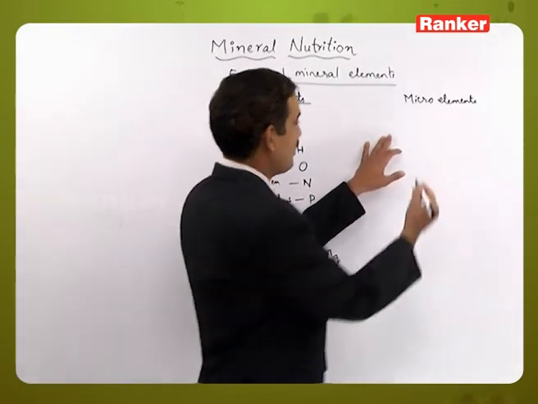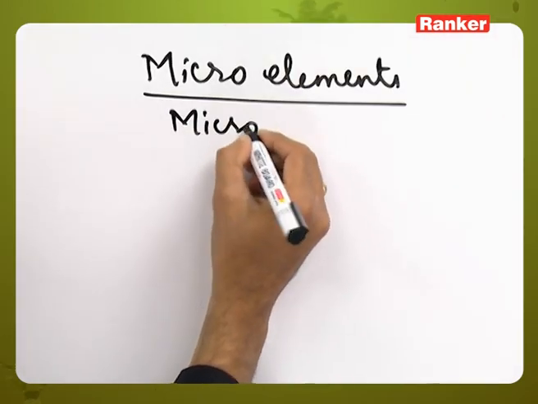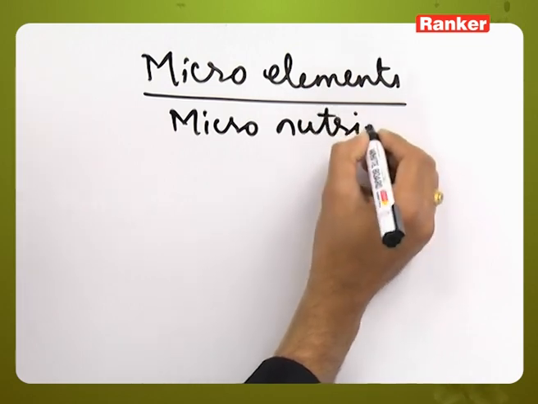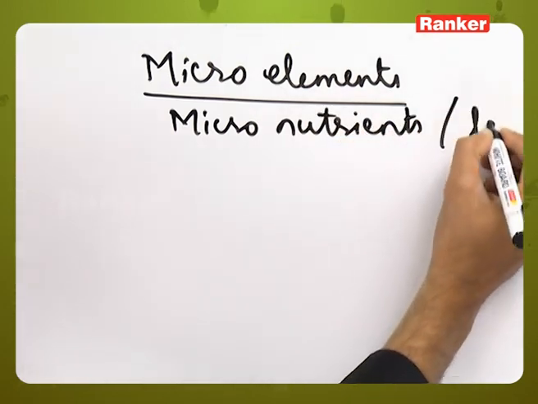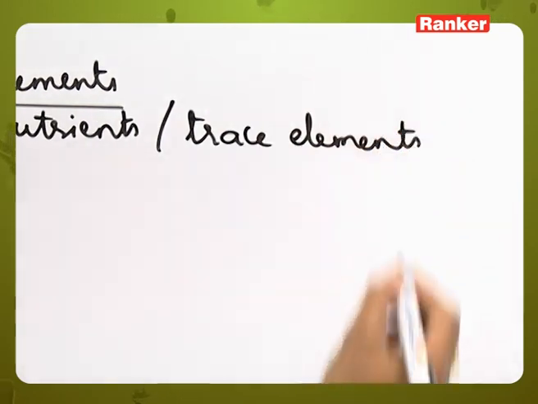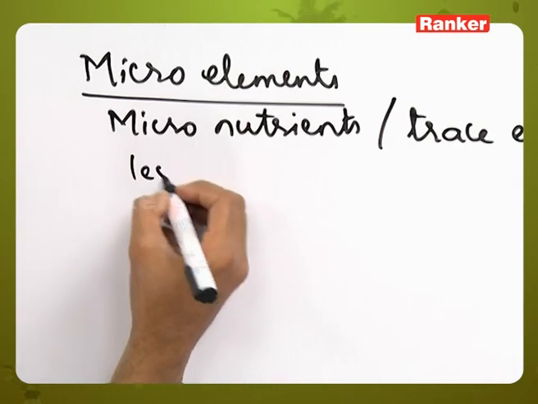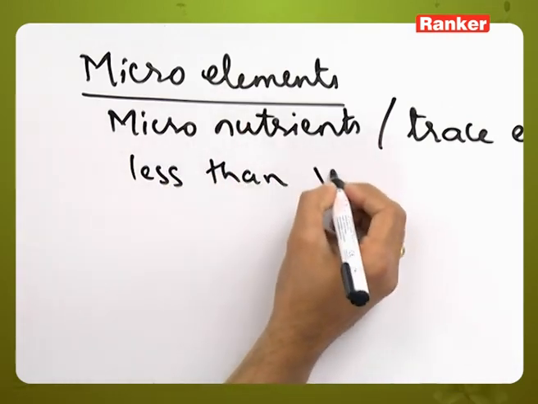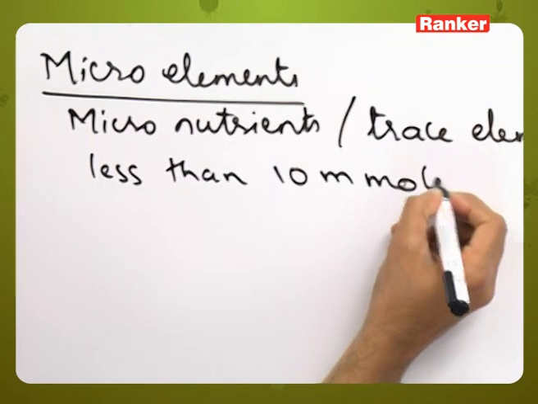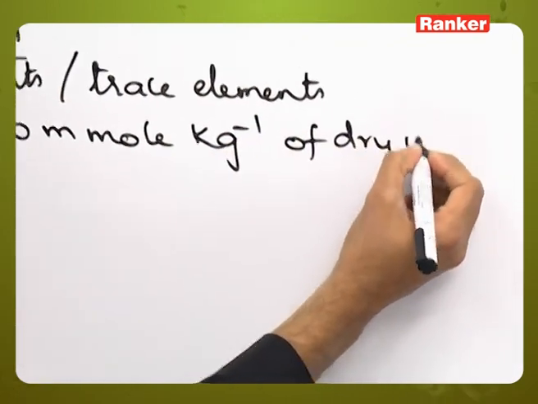And the elements which are required in lesser quantity are otherwise called micronutrients or trace elements. These are the elements required in less than 10 millimole per kg of dry weight of the plant.